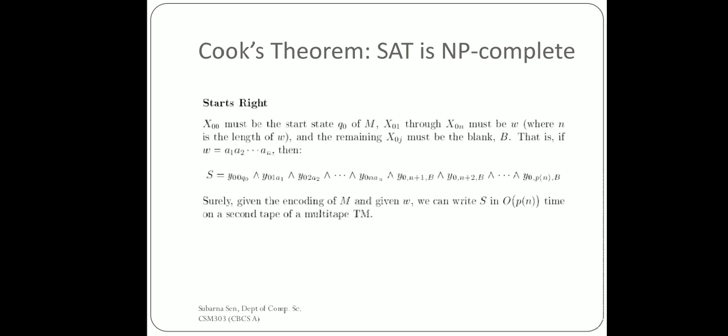If we start from x00, it is the start state q0 of M, and we move through x01, then ultimately if we reach the end, that means we have covered the total length of the string w, and the remaining xij, after p of n number of moves, will all be blank.